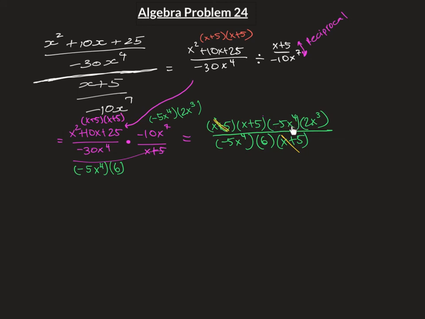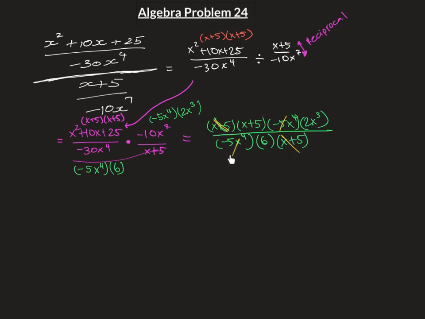Next, minus 5x to the power of 4. That's in our numerator. Is that in our denominator? Yes, it is. We can go ahead and cancel that. Now, 2x to the power of 3. Is that in our denominator? No, it is not, so that'll remain the same.